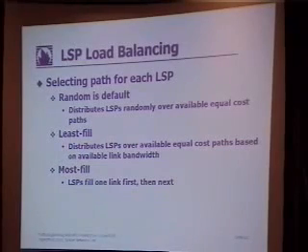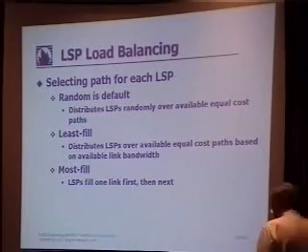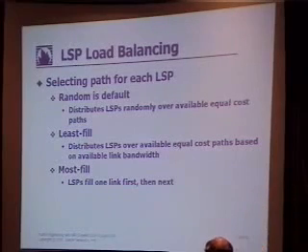The way it works is, least fill, you lay the LSP down the path that has the biggest number for that ratio. What it ends up doing is, like I said, it pretty much round robins your LSPs across the 3 or 4 or 5 or 6 possible paths, because you're always looking for the one that has the most available bandwidth left over. Most fill is the opposite. I can't think of any applications off the top of my head why you'd want to do this, but there are, I'm sure, some.